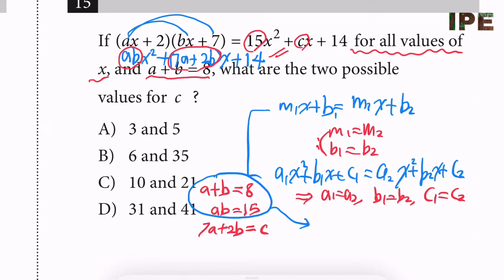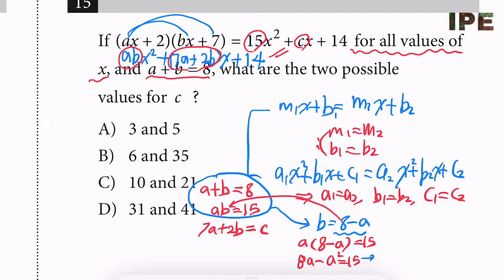So a plus b equals 8. So what does b equal? 8 minus a. So substitute 8 minus a for b in the second equation. We find that a times (8 minus a) is equal to 15. And then solve it. 8a minus a squared equals 15.